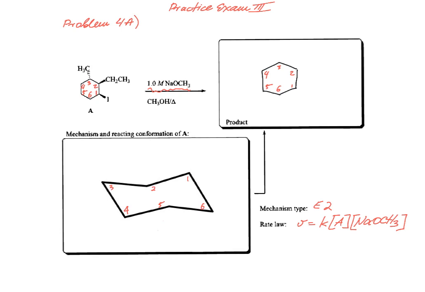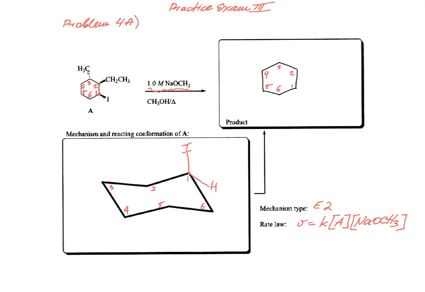on relevant carbons. Carbon number 1 is pointing up on my chair conformation, therefore axial bond is up and equatorial will be down. If I look at carbon number 1 here, I see that iodo group is up and therefore hydrogen atom will be down.